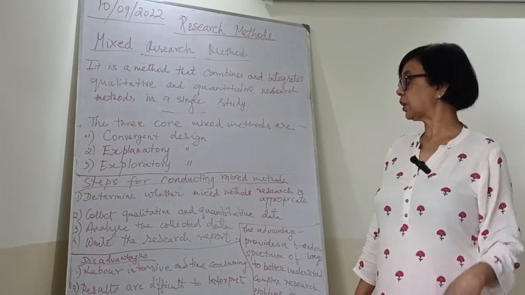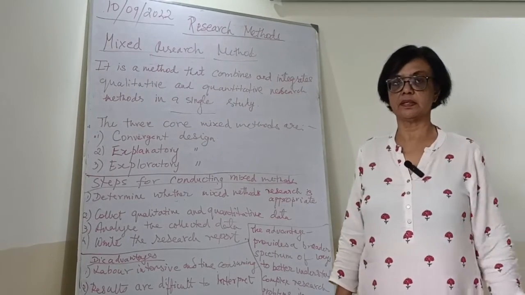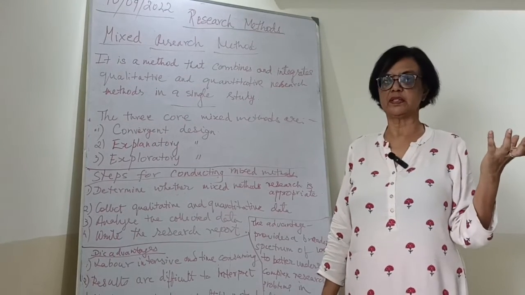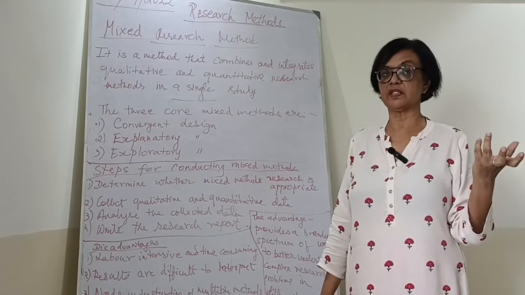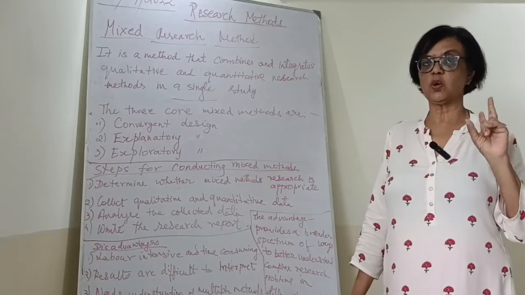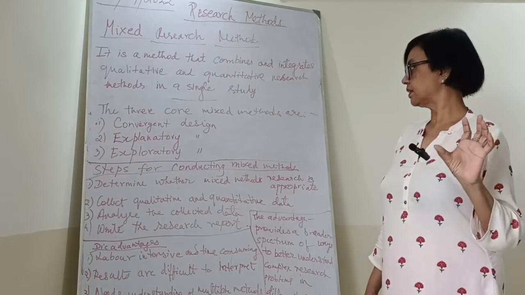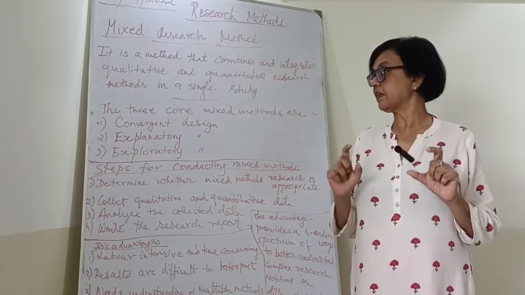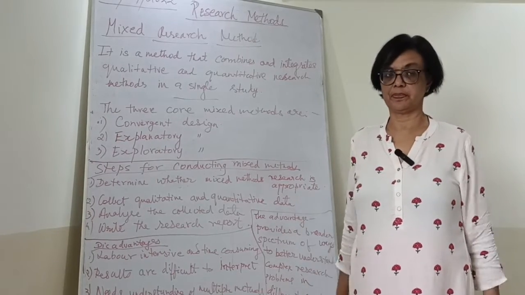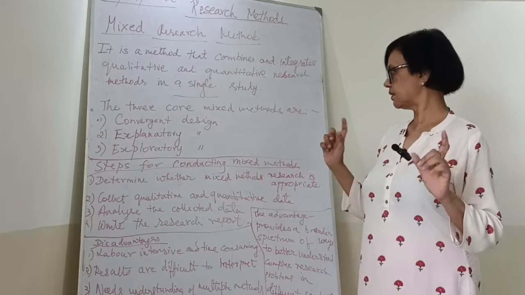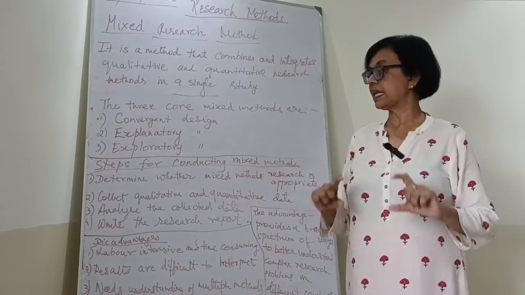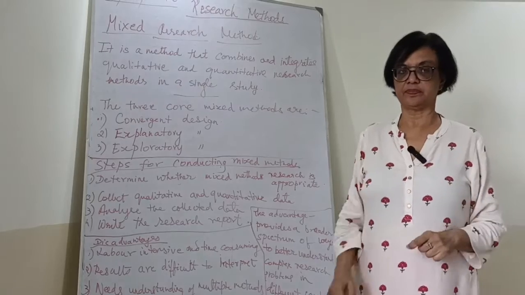Well, what are the three core mixed methods? Very important. There are many types of mixed research method, but the three core important mixed research methods are convergent design. How you design it, that is convergent design. Then explanatory design.